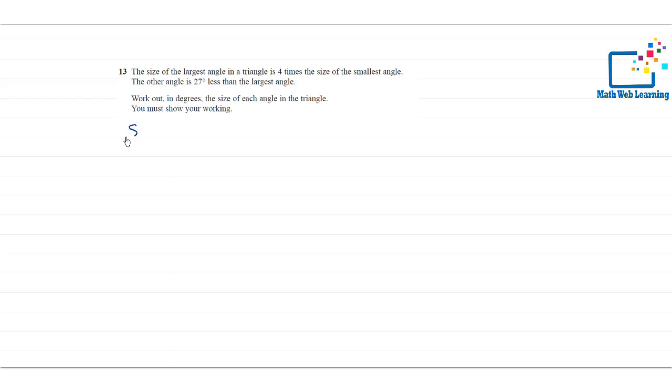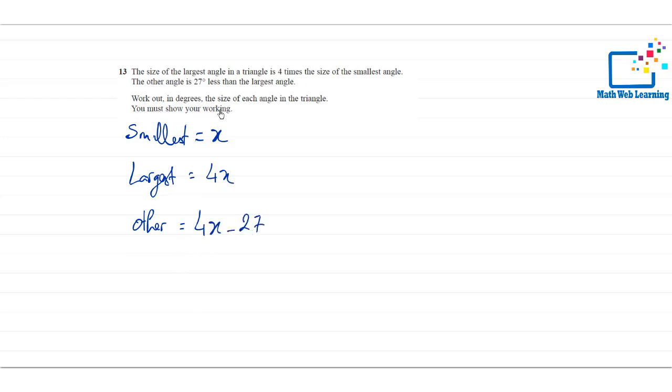So let's call the smallest angle x. So the largest is 4x, right? And the other angle is 27 degrees less, so it is 4x minus 27.